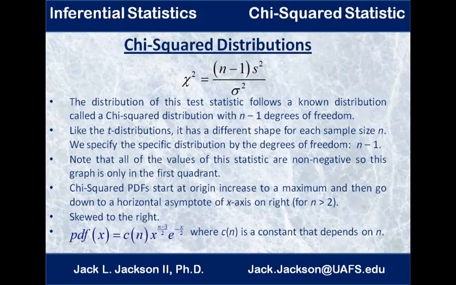Now remember, when you look at this, just look at the things that are making up this distribution. You've got S squared and sigma squared, which are both positive. N minus 1 will be positive. So the chi-square distribution always produces a positive value. So if we're dealing with a chi-square PDF, it will only have positive values. If you want to think of it for negative values, it's just 0 from negative infinity to 0.